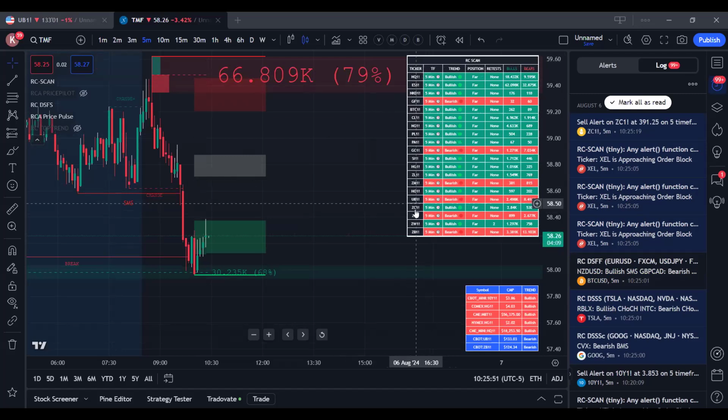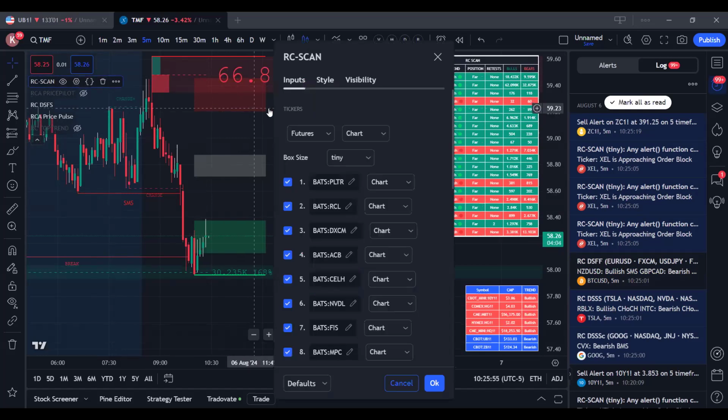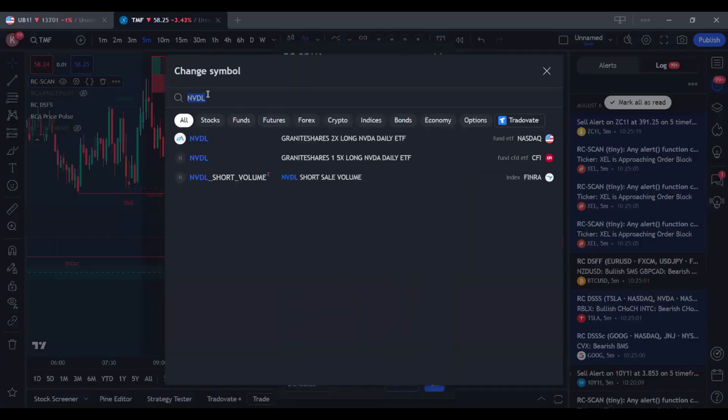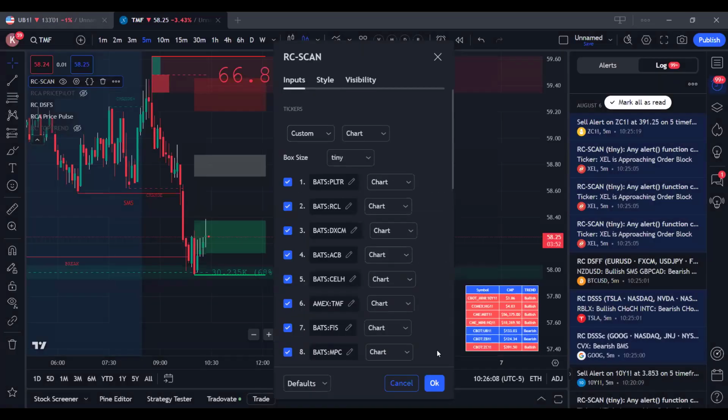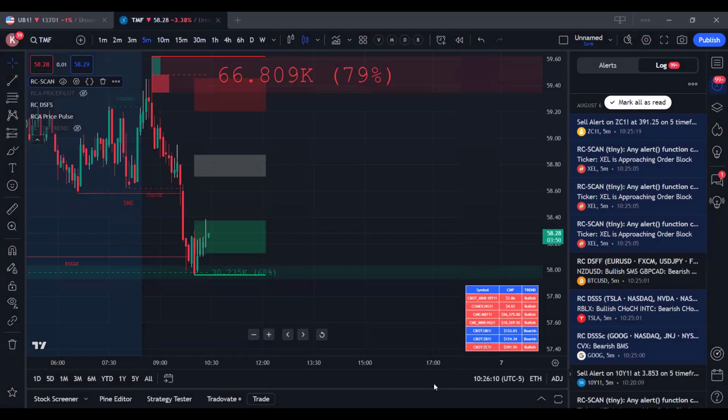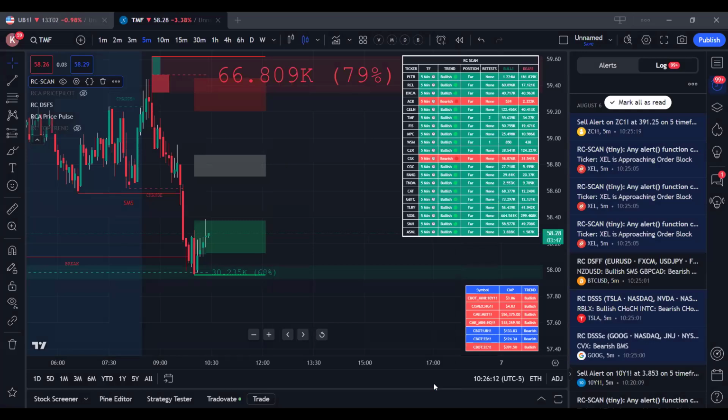Let us go and check. Go to RC scan, that is custom. Let me change NVDL to TMF. So now if you see TMF, 55,000 bulls, 34,000 bears.